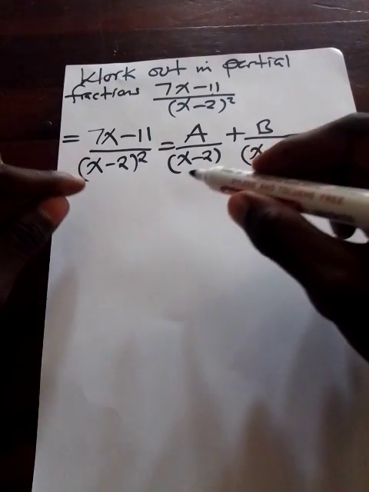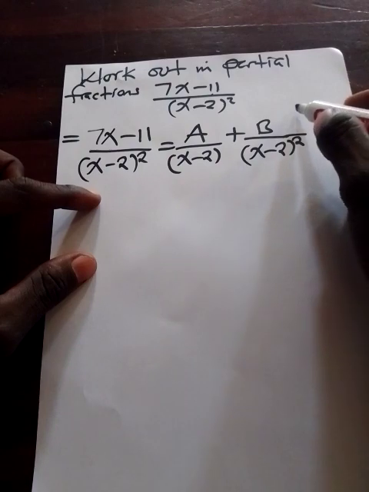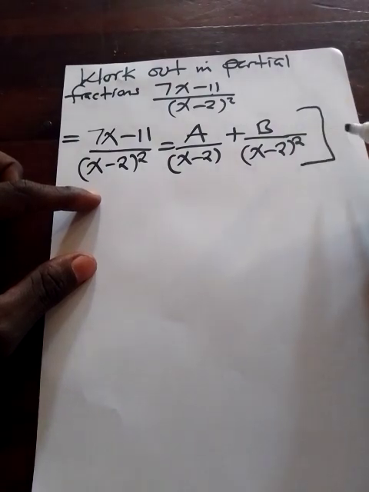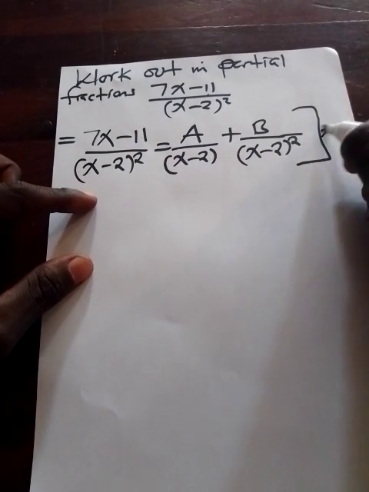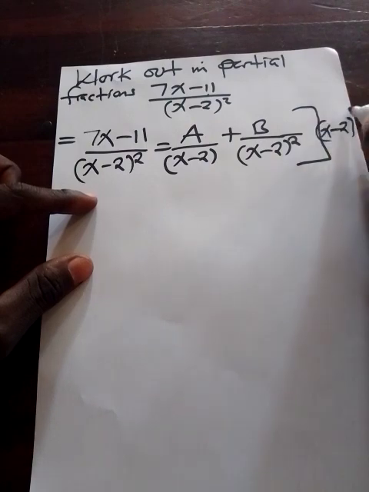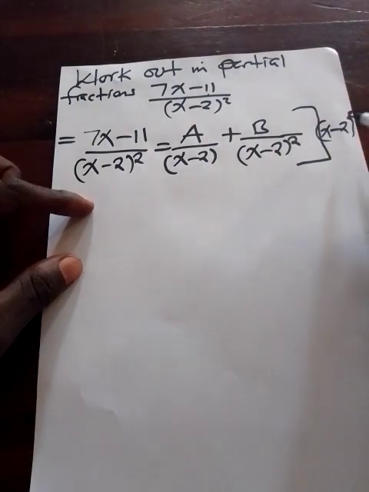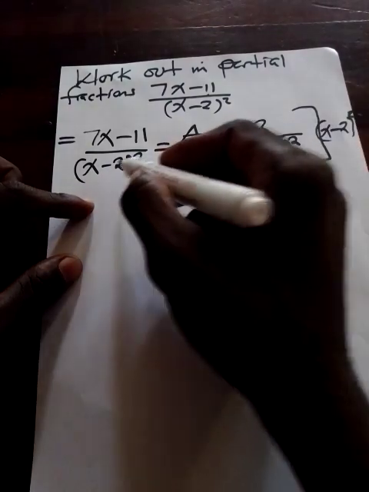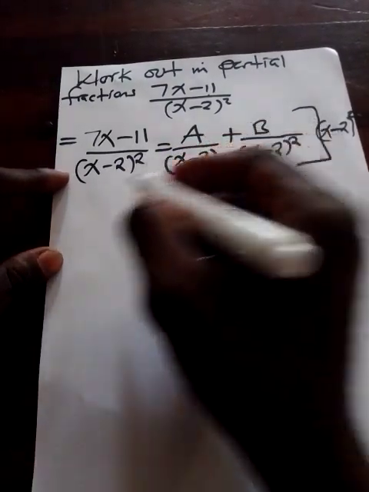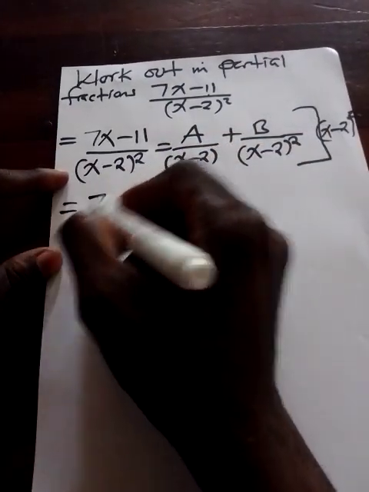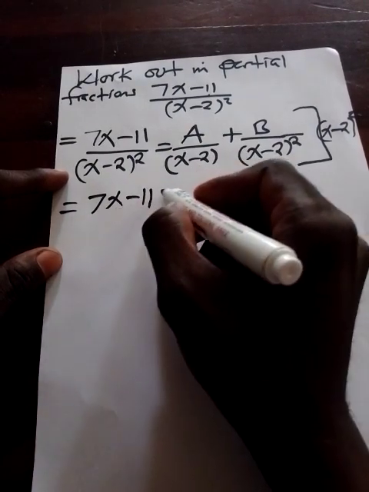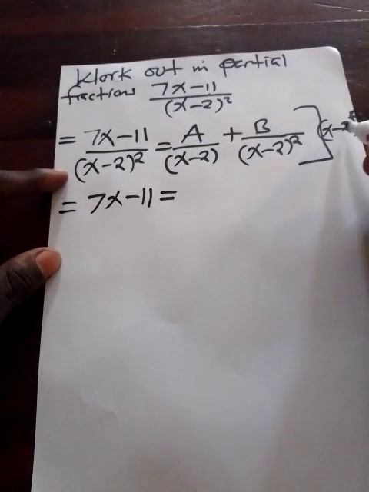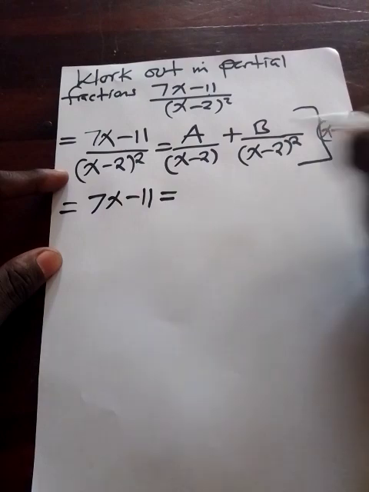Now we want to get rid of the denominators. So we multiply by the common denominator, which is x minus 2 in brackets squared. If you multiply this times that, it will cancel out because they are the same. So you only have 7x minus 11, which is equal to x minus 2 squared times this.